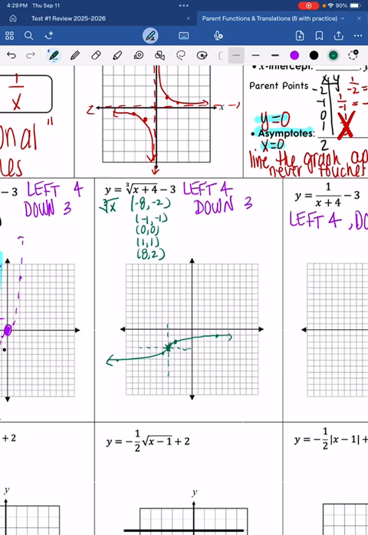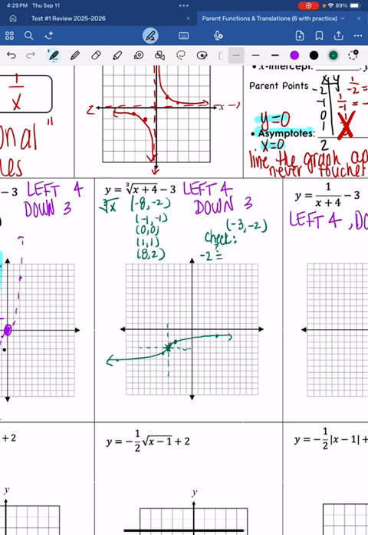You know what? We can always plug in a point to check. So for example, this point right here that I'm highlighting, that point is actually 1, 2, 3, negative 3, negative 2. The actual point on the graph is (-3, -2). Let's check. Plug in negative 3 for x, plug in negative 2 for y.